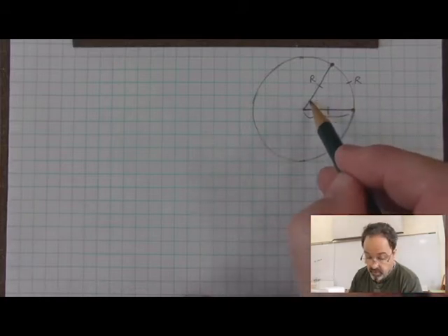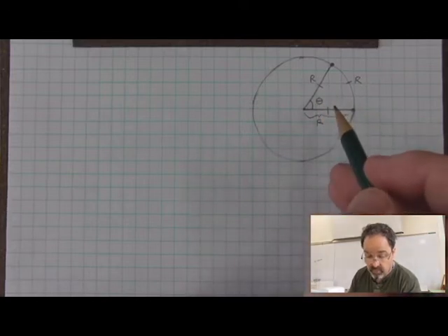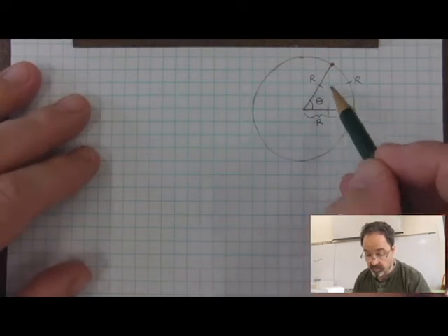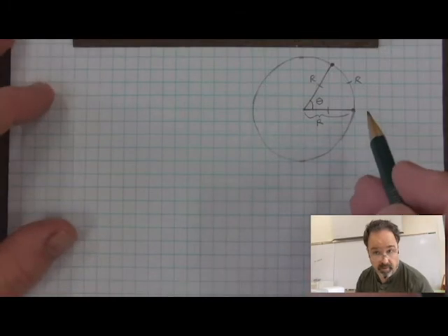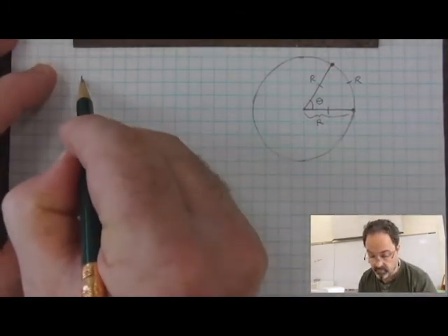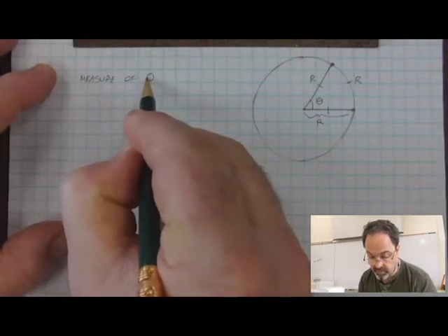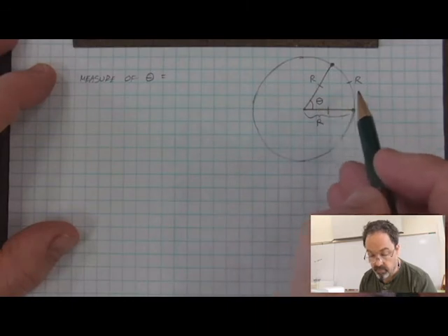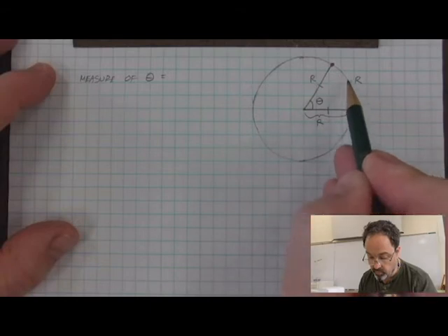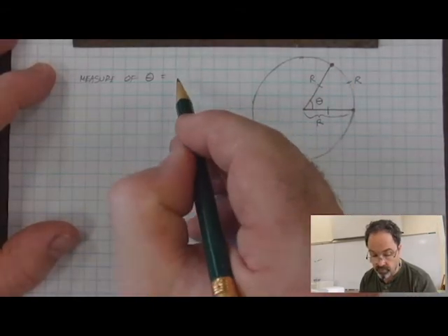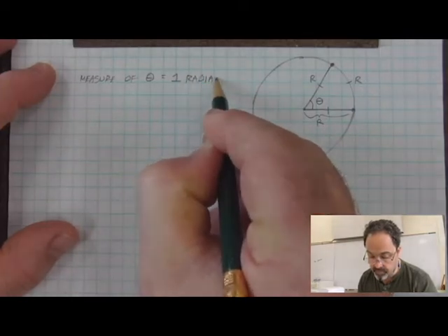The measure of this angle, we could label it as theta, and the measure of an angle theta created this way is what we define as 1 radian. So to be clear, the measure of theta in this diagram that was created by wrapping the radius one length around the circle is what defines the measure of 1 radian.